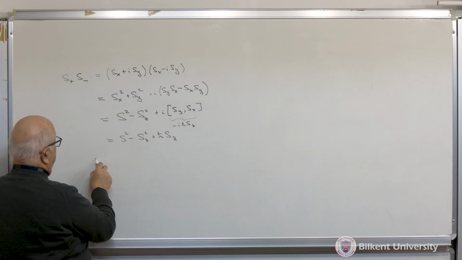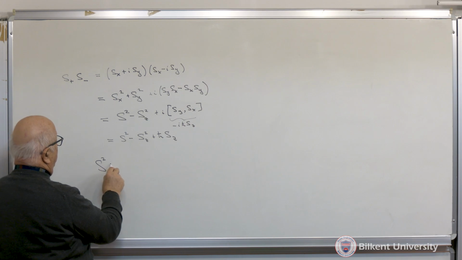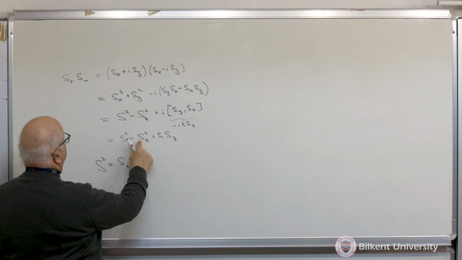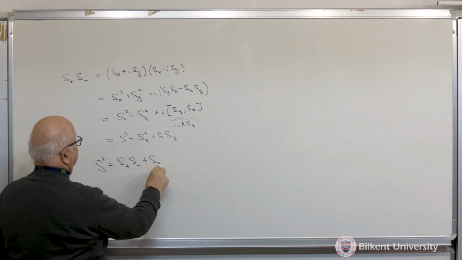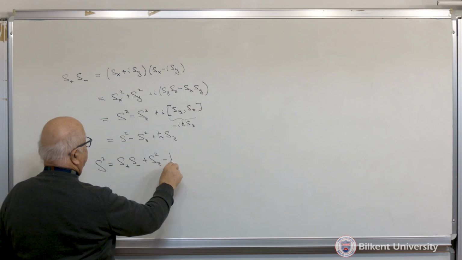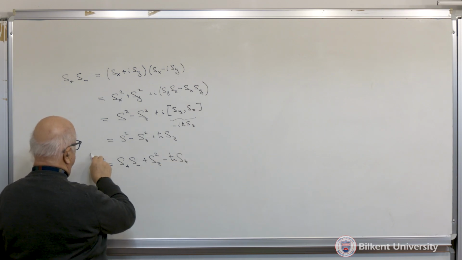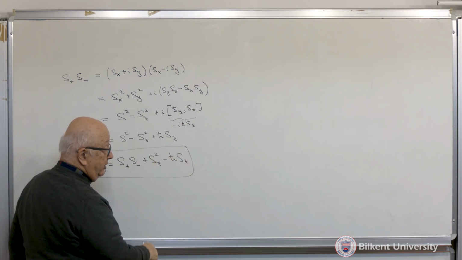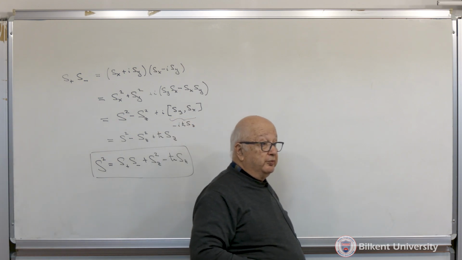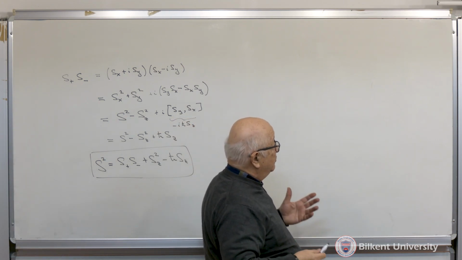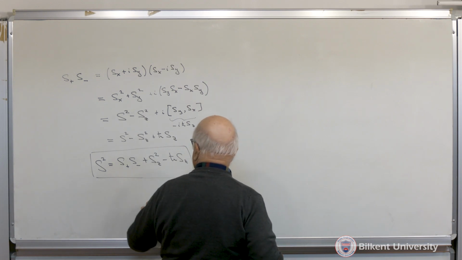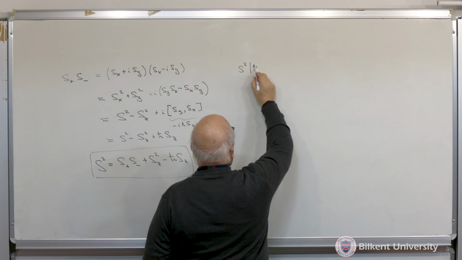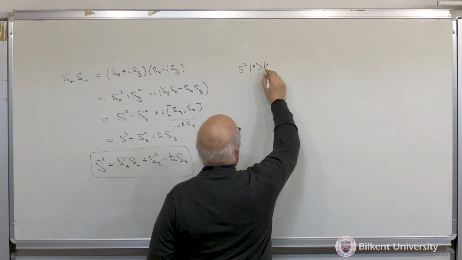So in fact what I'm after is the S squared term. S squared is going to be S plus S minus plus S_z squared minus ħ S_z. This is what I was after, because with these things I can manipulate my terms much more easily rather than working with S_x, S_y, etc. So let's now see what S squared up is.